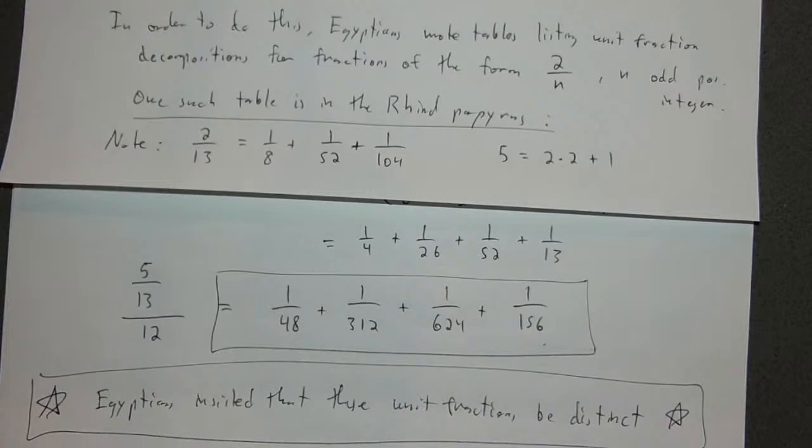And it seems funny that they would be so worried about it when they clearly had the tools to deal with these fractions in the way we do. But for whatever reason, 5/13, that's a scary thing, but expressing it like this is perfectly fine.